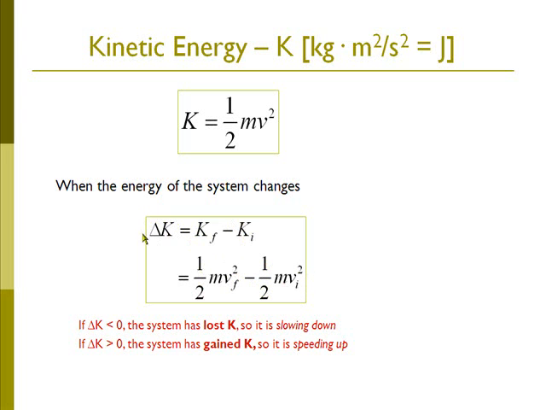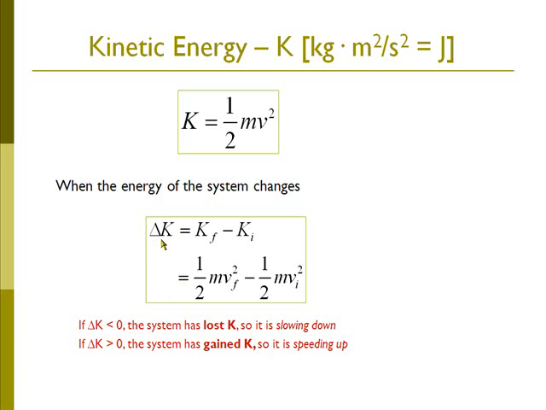If the difference in kinetic energy, delta K, is a negative number, we say that the system, or simply the object if it's a single object in the system, has lost kinetic energy, and so therefore it must have slowed down. If on the other hand delta K is a positive number, the object or the system has gained kinetic energy. It must be speeding up.